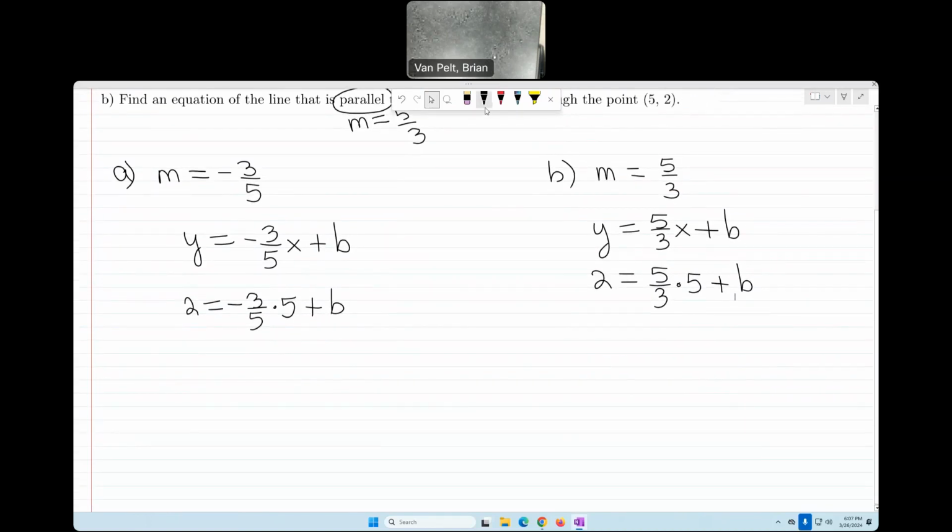So the one on the left is a little bit easier. I can cancel this 5 here. Now I get 2 equals -3 plus b. And so b is going to equal 5. So part A, my answer then is that y equals -3/5 x plus 5.